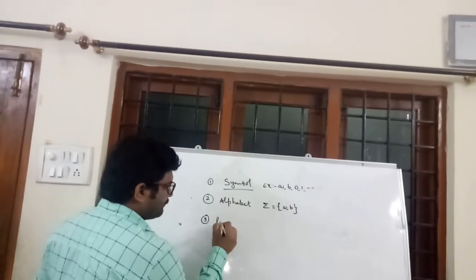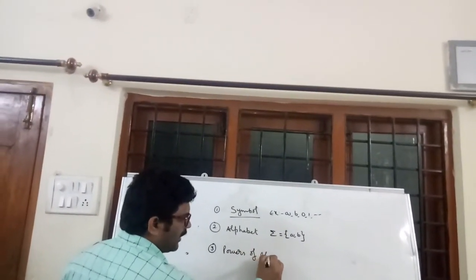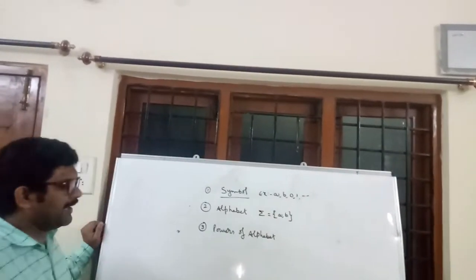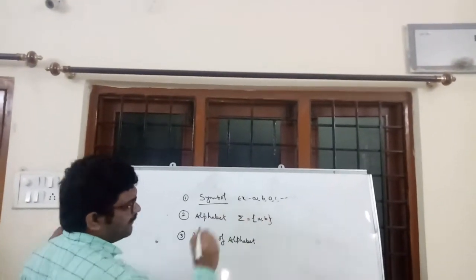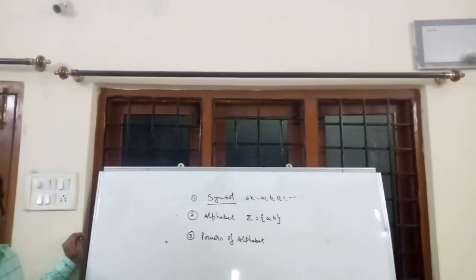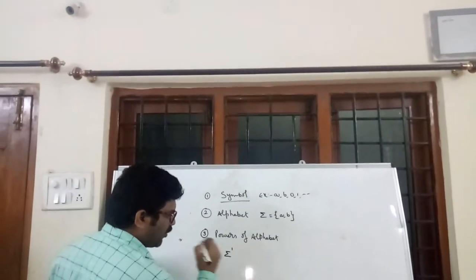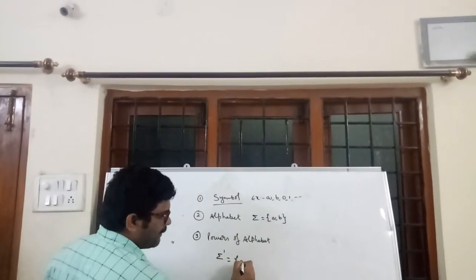Then the next one we call powers of alphabet. Let us take the same example, sigma is equal to {A, B} as my alphabet. Powers means the first one is sigma power 1. Whatever alphabet is there, it is the same for sigma power 1.